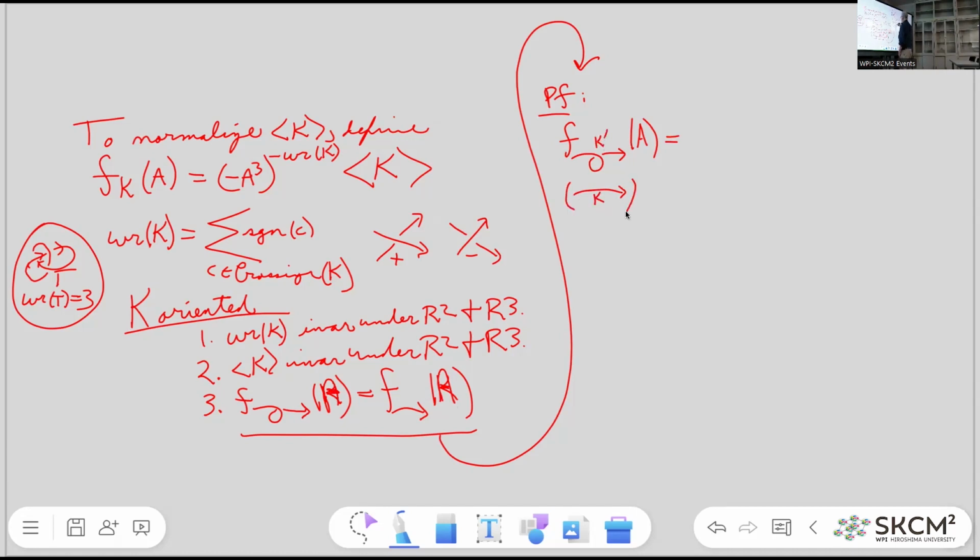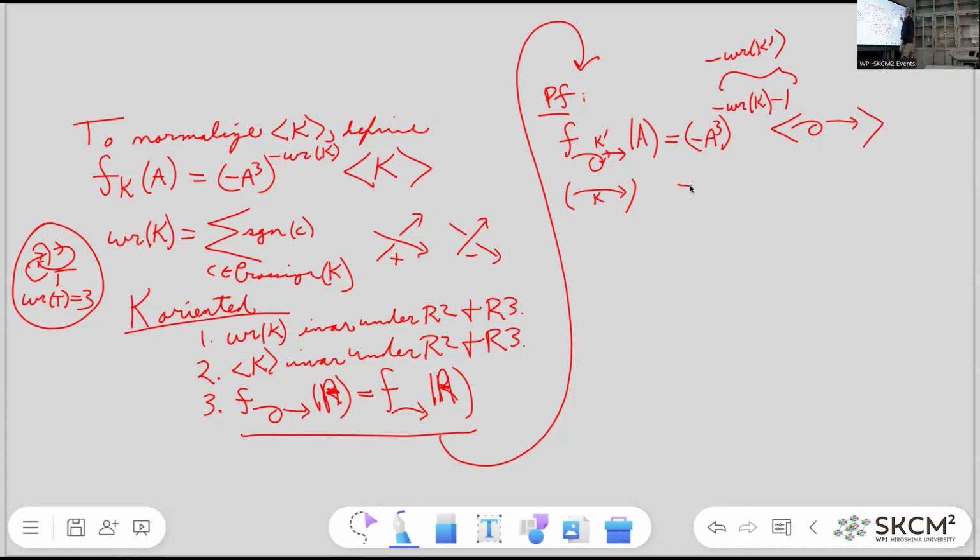Then this is equal to minus A cubed to the negative writhe of K. That part we are getting from all over that diagram, I'm adding it up. And then one more crossing, and this crossing is a +1. So that gives me minus the writhe of K prime, times the bracket of this diagram with an extra loop in it.